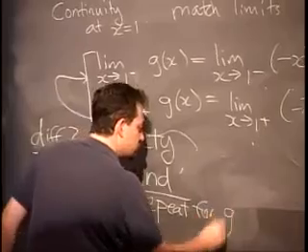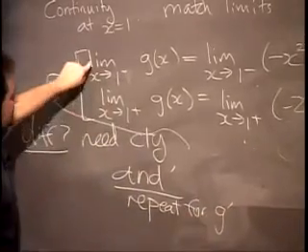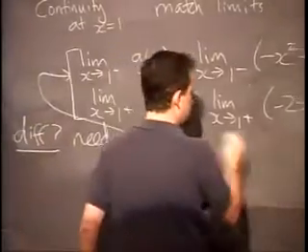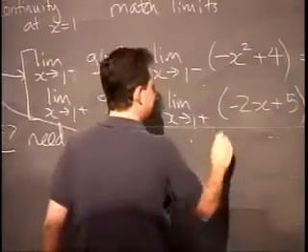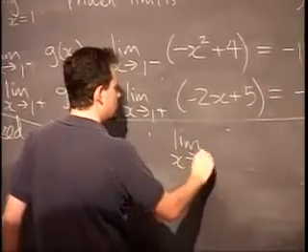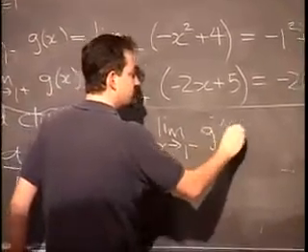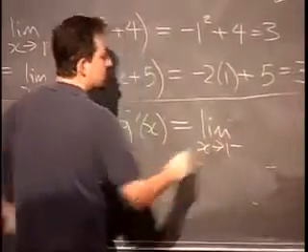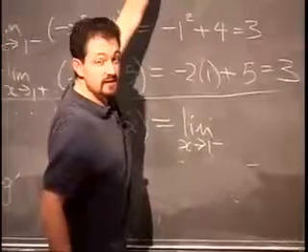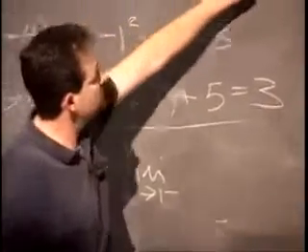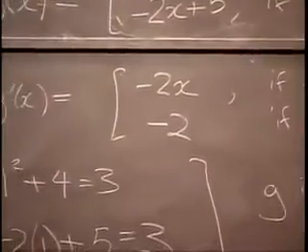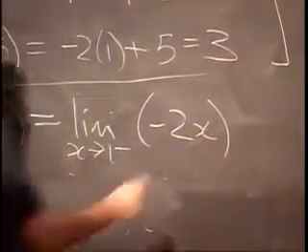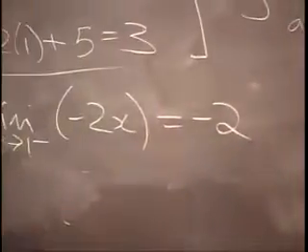Repeat for g prime. So I'm going to take these limits, but instead I'm going to use the derivatives. So the limit as x goes to 1 from below of the derivative of g. And I'm just repeating the exact computation, but instead of using g, I'm going to use g prime. I'm going to use these derivatives here. So from the left, it's minus 2x, and if I plug in 1, I get minus 2.